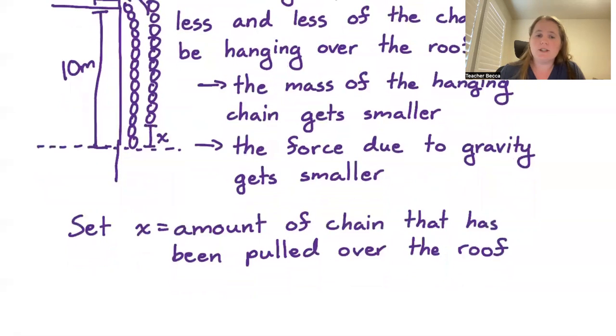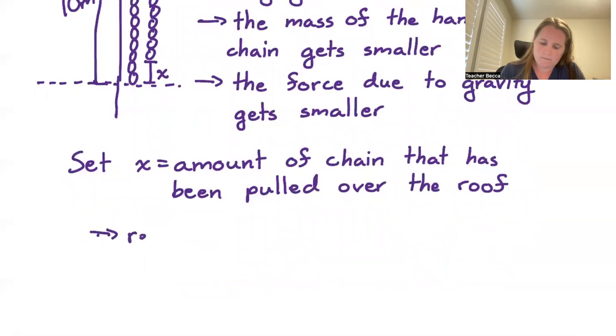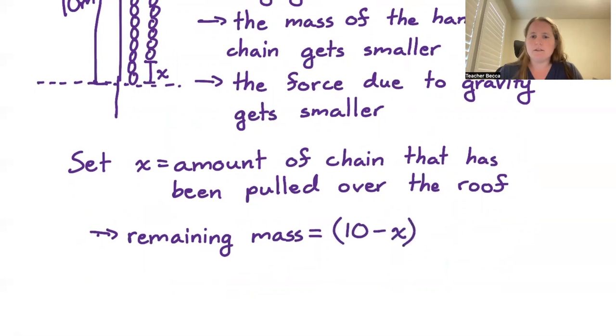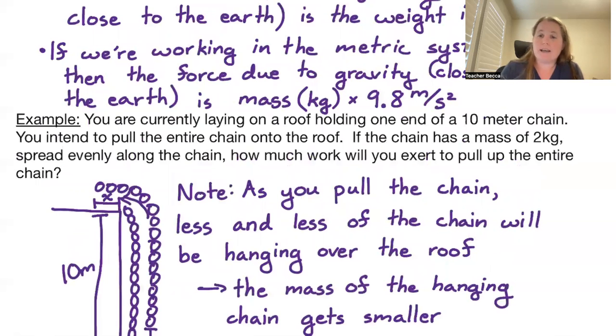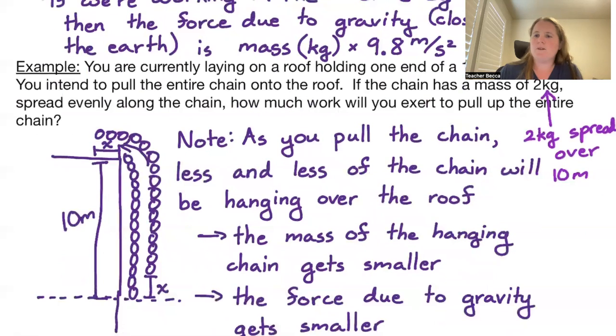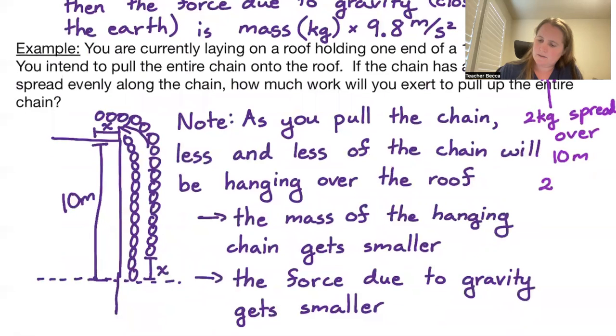Then the remaining mass of the chain would be 10 minus x meters left, times our chain's density: 2 kilograms spread over 10 meters means we have 0.2 kilograms per meter.